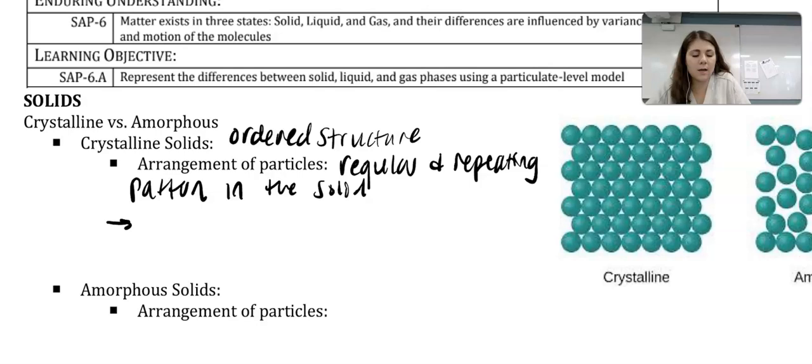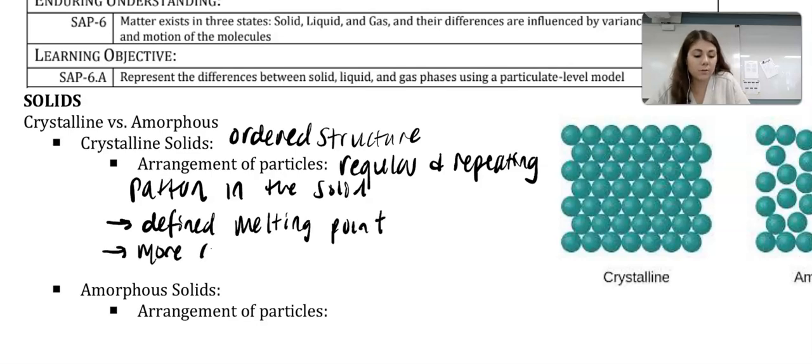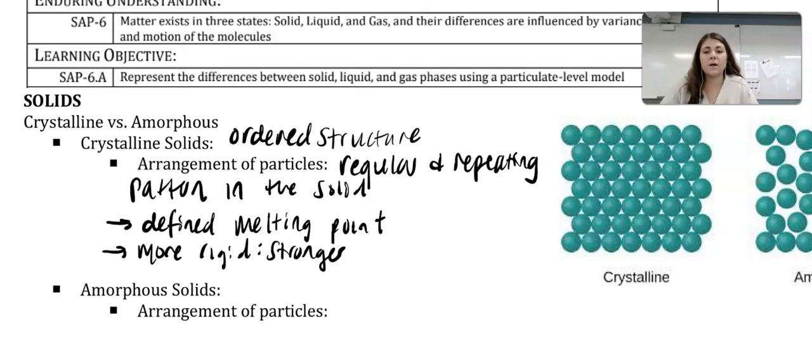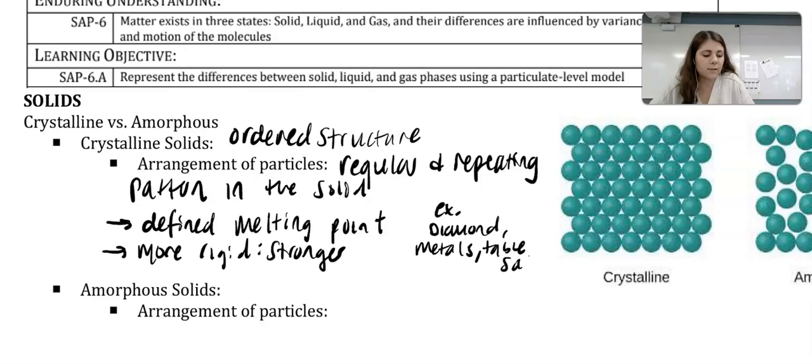Generally, crystalline is going to have a defined melting point, as well as being more rigid, meaning that it's a lot stronger than amorphous. Some examples you can think of: diamond is a good one. All of our metals are going to be in these ordered structures, table salt, etc.